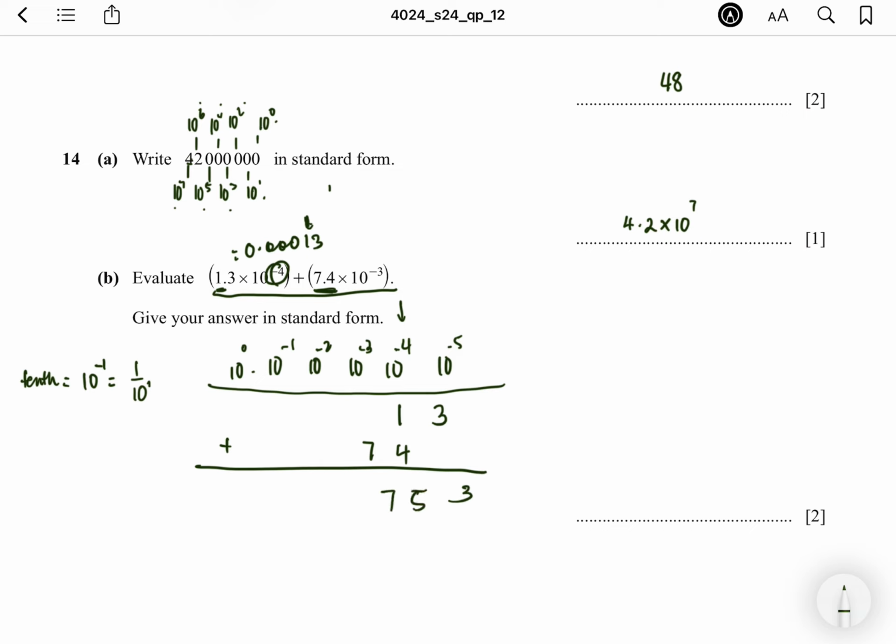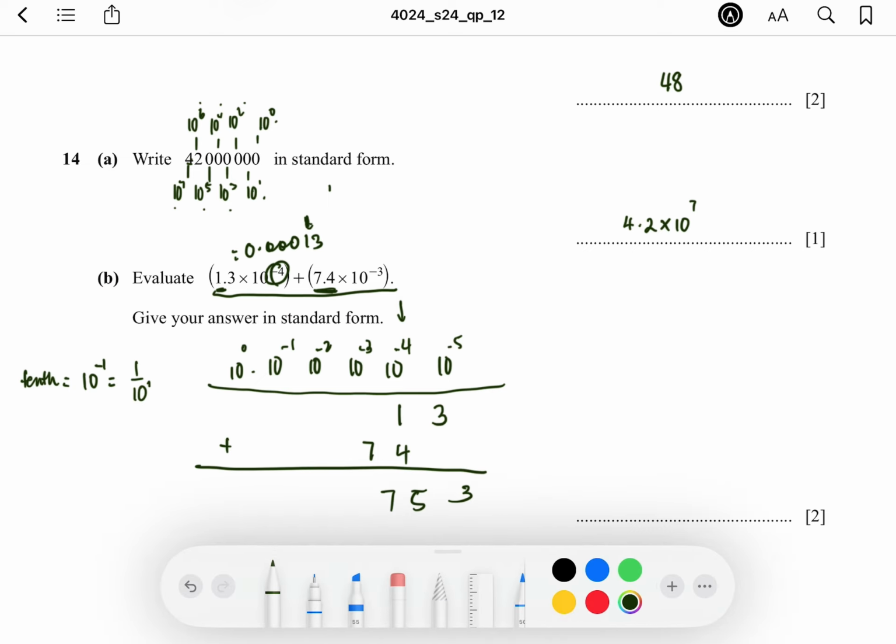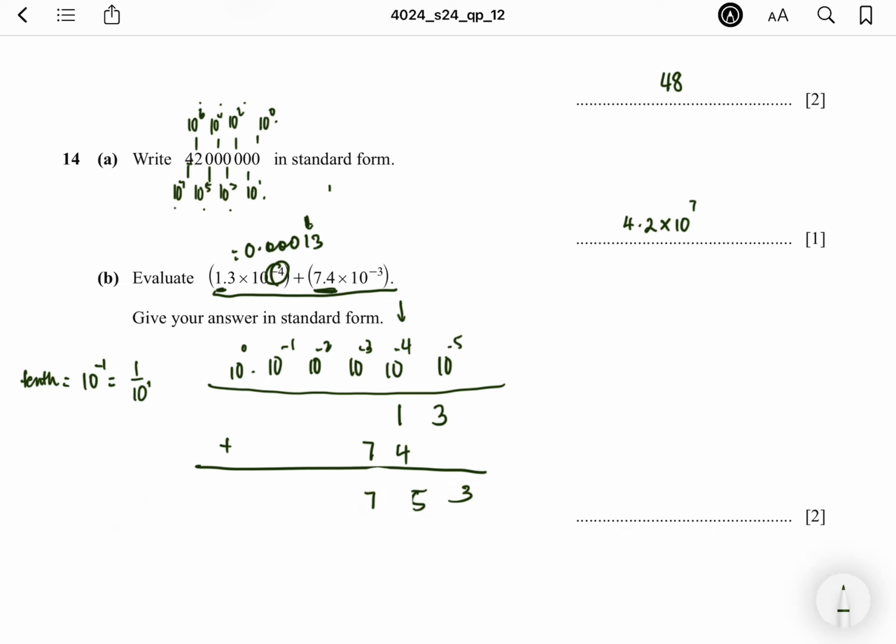Correct? Okay, artinya my standard form, because the question asking for standard form would be, oh, sorry, I need to put that in the same. Okay, which means 1 digit, 7.53 times 10. What is the place value for number 7?